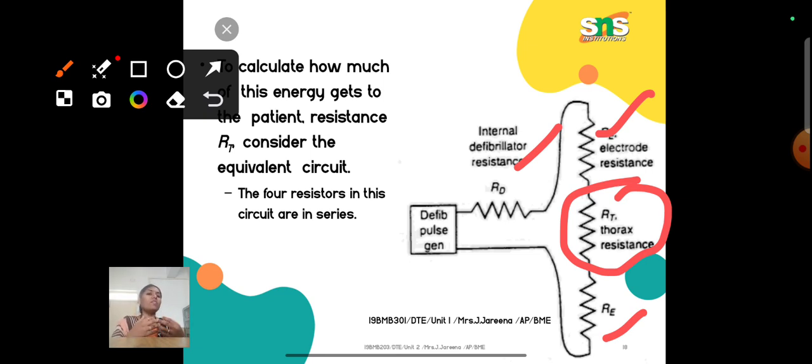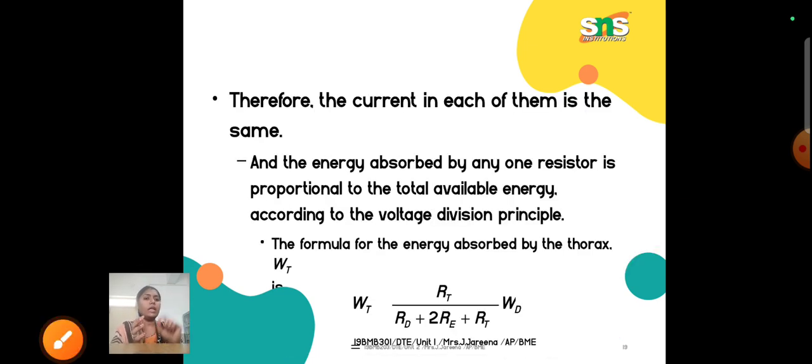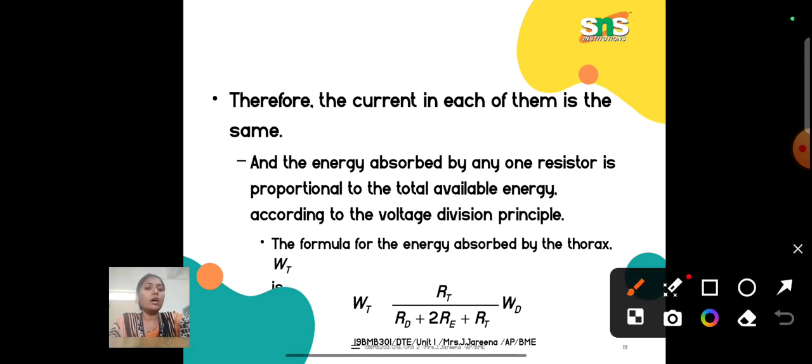So how can we calculate what actual energy is getting delivered after accounting for all these resistances? That is another very big question mark. To calculate this, we have one formula: Wt equals Rt divided by (Rd plus 2Re plus Rt), multiplied by Wd.